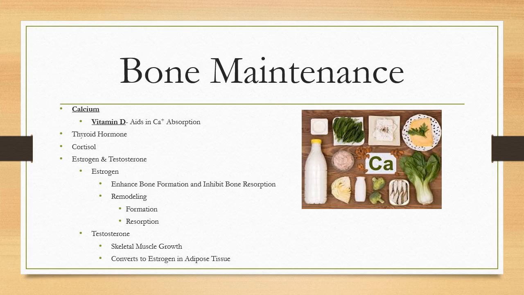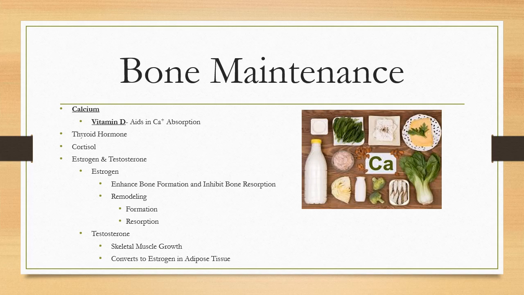Okay, cortisol. So if you have normal cortisol levels, no problem. But if you have excessive cortisol levels, whether it's from a condition such as Cushing's syndrome, where your adrenal glands make too much cortisol, or you're on exogenous cortisol, such as prednisone or dexamethasone, that tends to thin the bones. So excessive cortisol leads to osteoporosis.